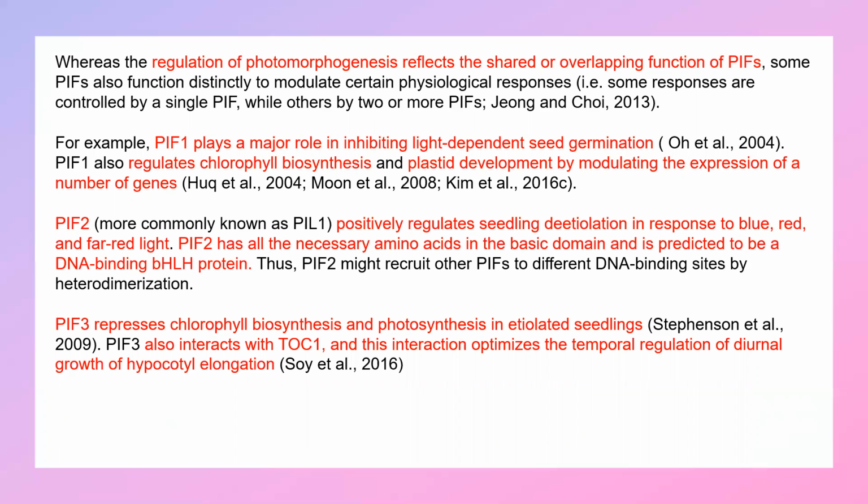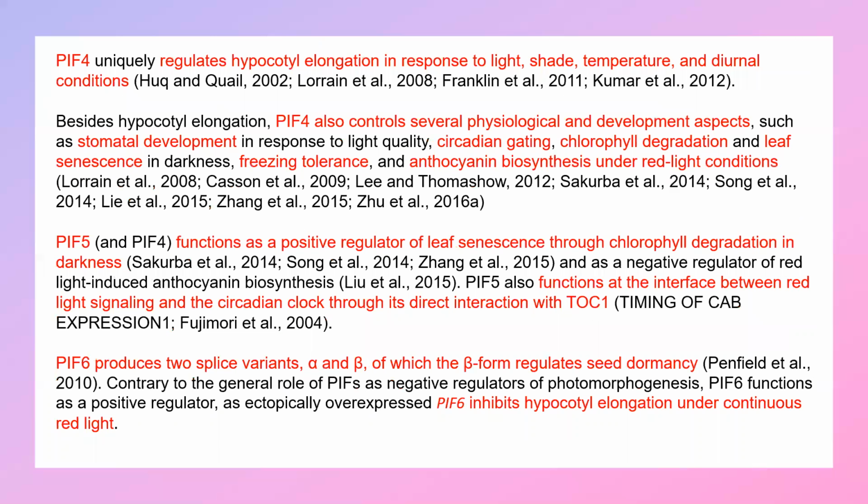PIF3 represses chlorophyll biosynthesis and photosynthesis in etiolated seedlings. It also interacts with TOC1, and this interaction optimizes the temporal regulation of diurnal growth of hypocotyl elongation. PIF4 regulates hypocotyl elongation in response to light, shade, temperature, and diurnal conditions.